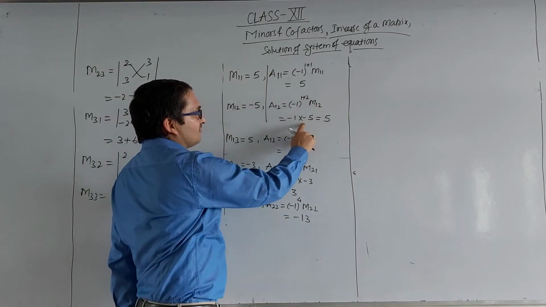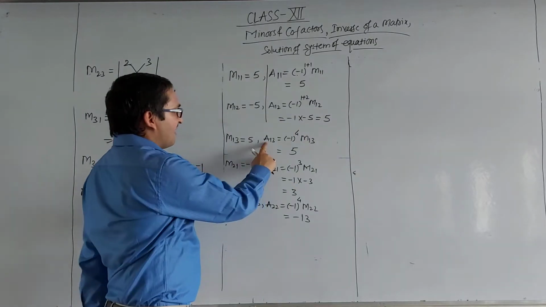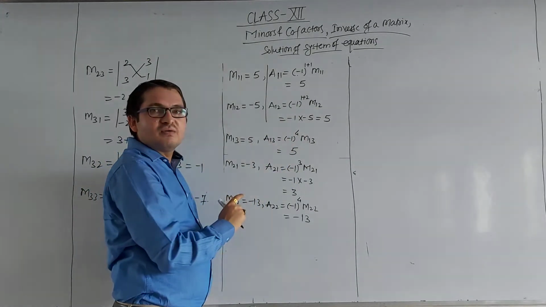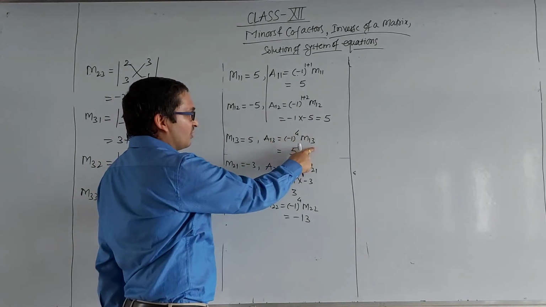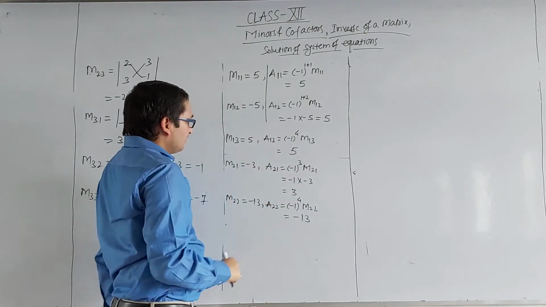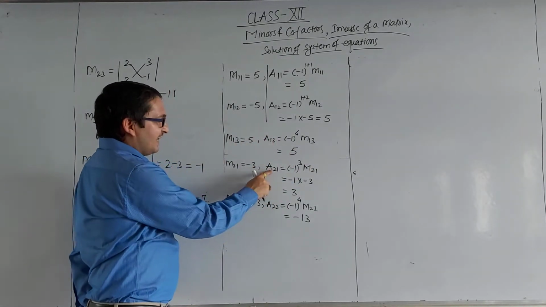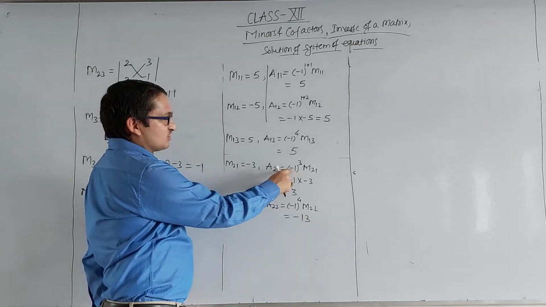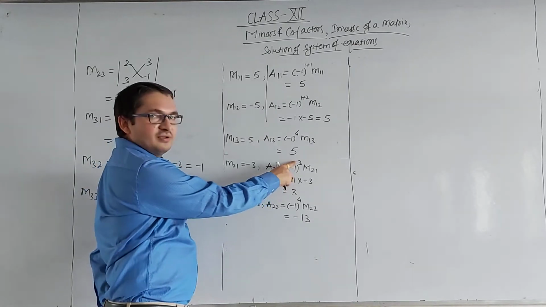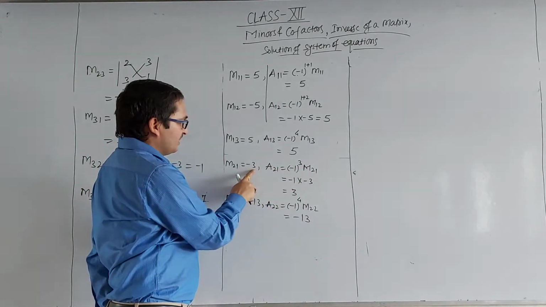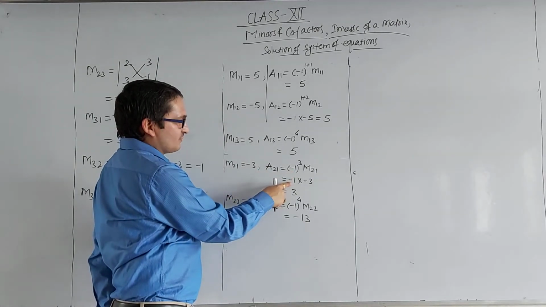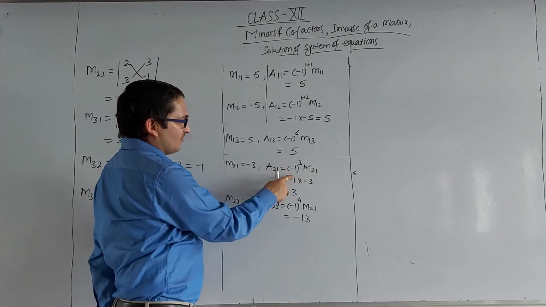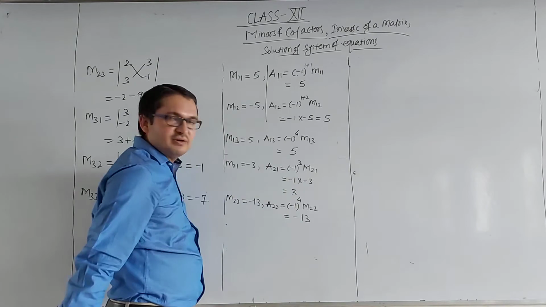M12 will be 5. M13: minus 1 power 4, 3 plus 1, 4. M13 will be 5. Now A21: minus 1 power 2 plus 1, 3. M21 is minus 3, here you will get minus 1. So minus 3 into minus 1 is 3.